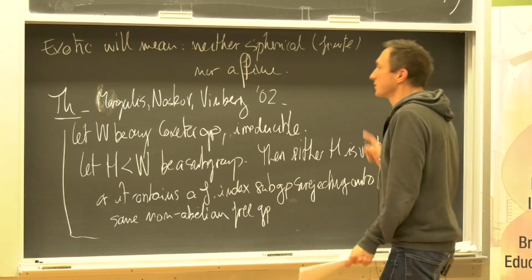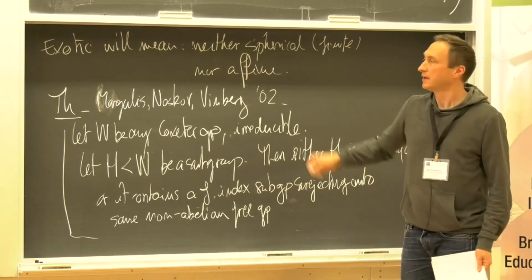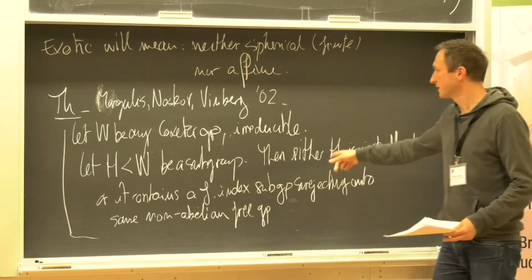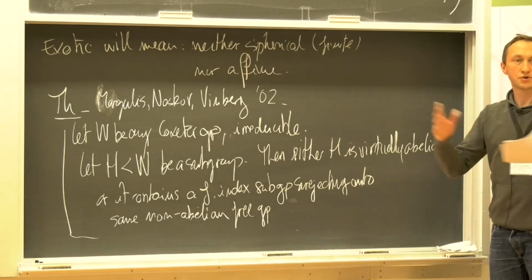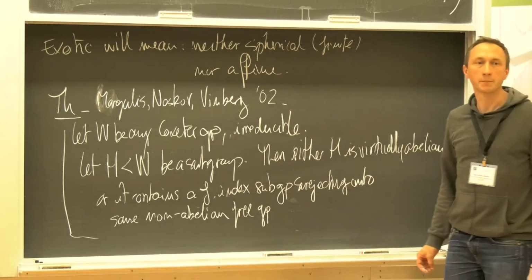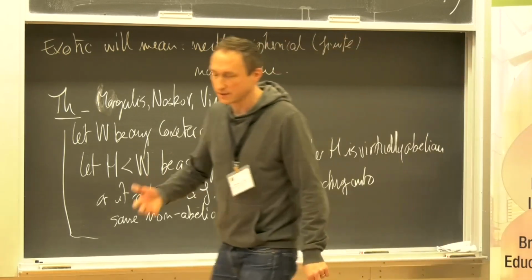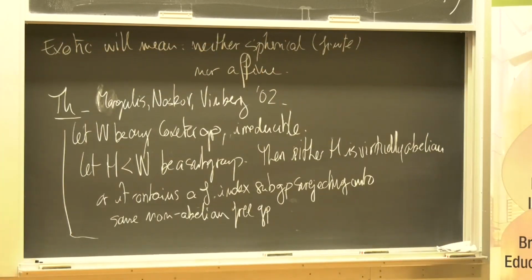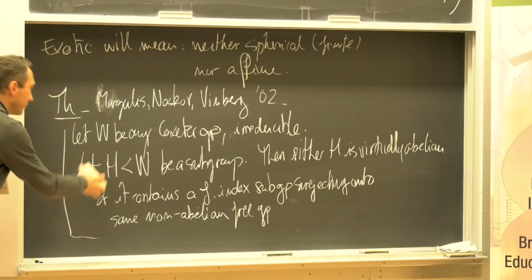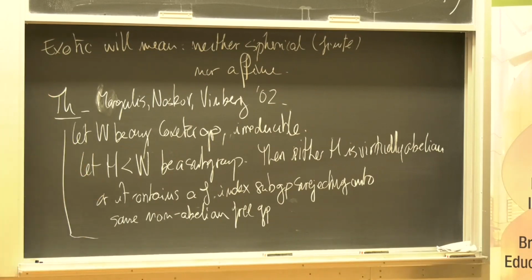Okay, so now if we go back to Weyl groups, this statement has strong consequences on the shape of root systems, which was already seen algebraically, but I like to present this dichotomy this way.